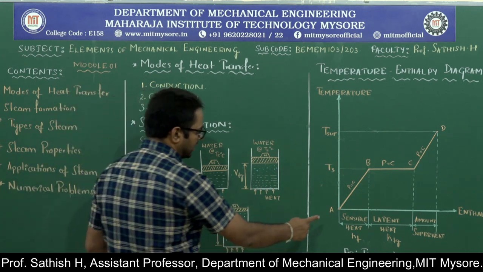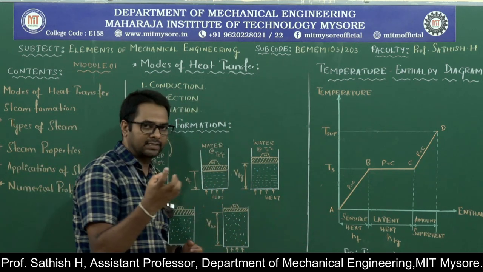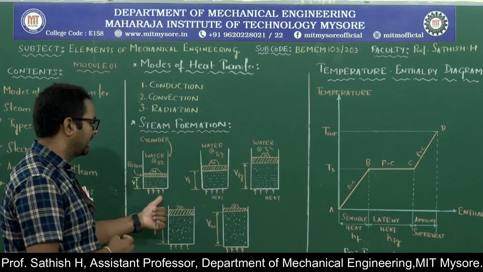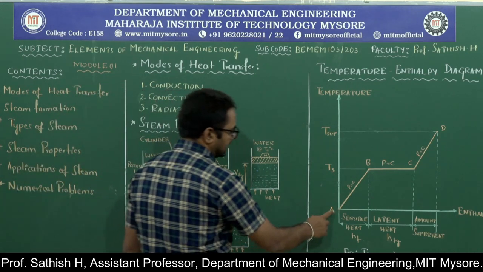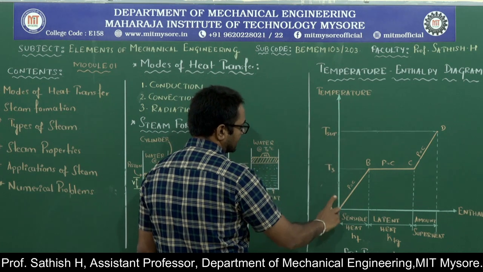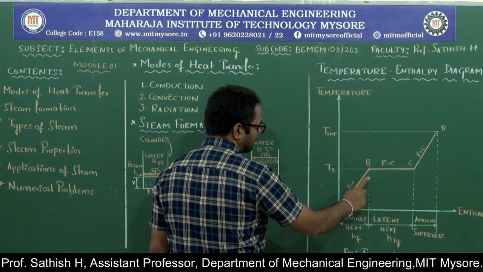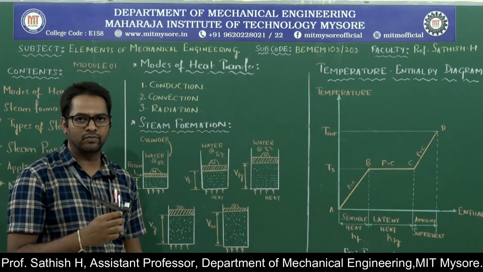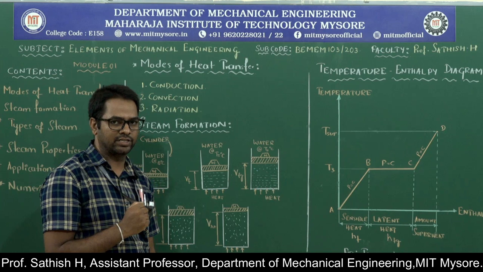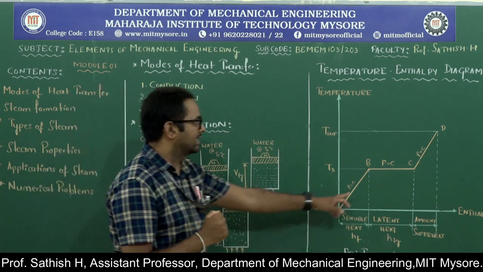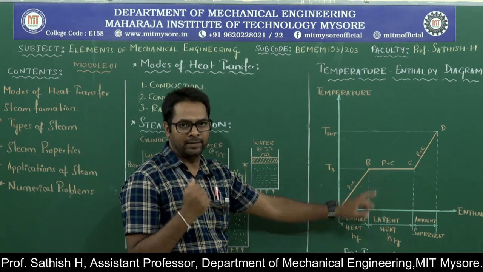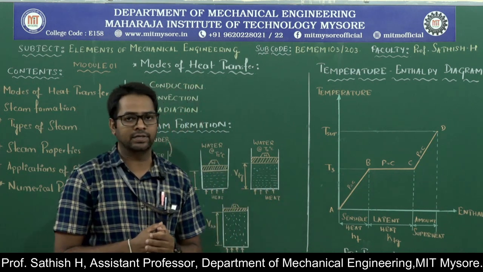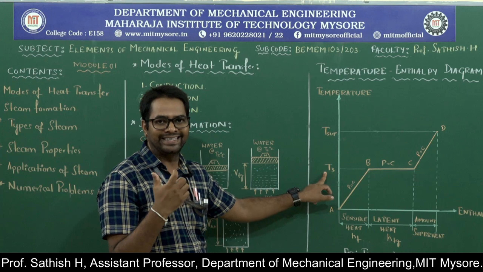So here you take this A, which is the starting point of this experiment, that is water at 0 degree centigrade. You are supplying the heat, and the temperature of the liquid is rising, as you can see on the y-axis, until it reaches the boiling point of the water, which is called the saturation temperature of the water. It is represented by the point B, and the saturation temperature is represented by Ts.